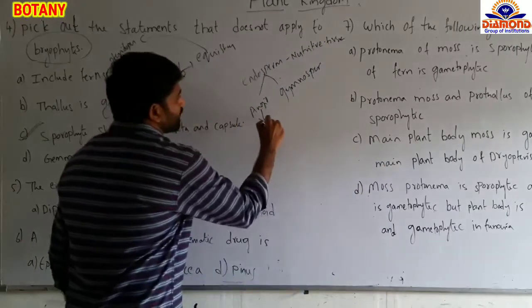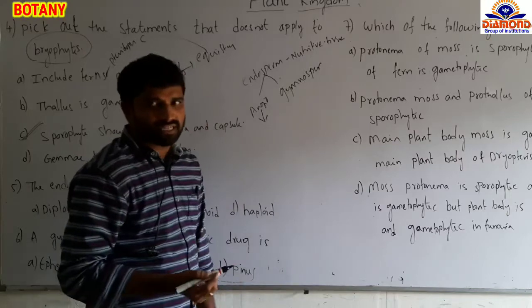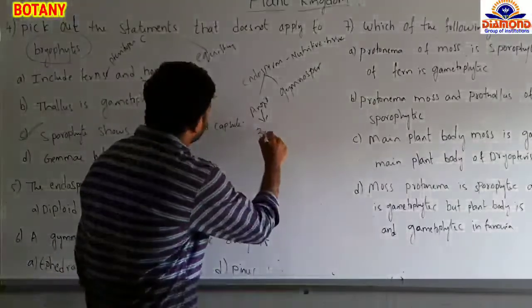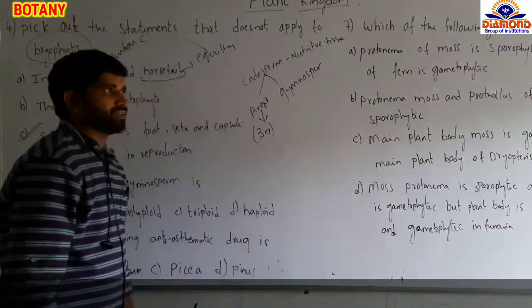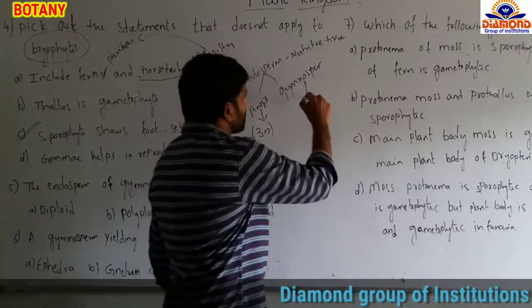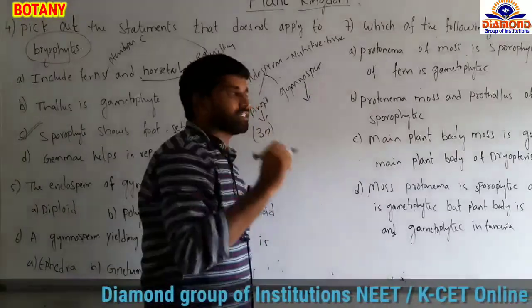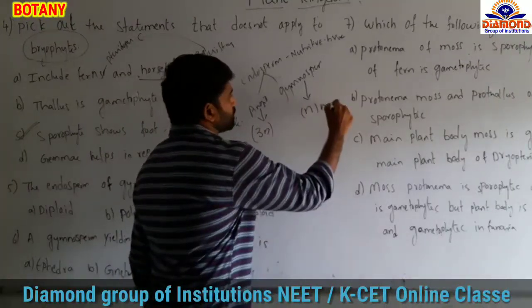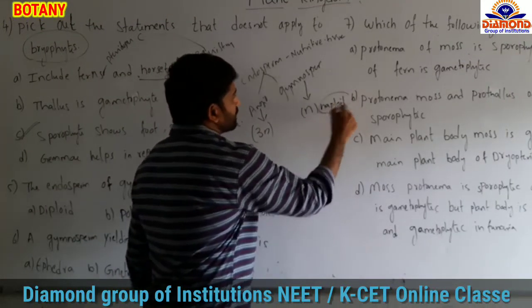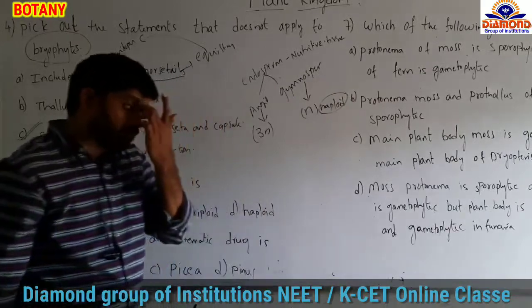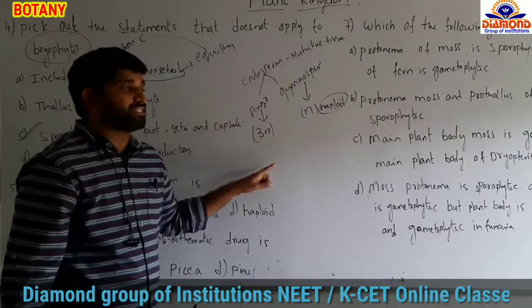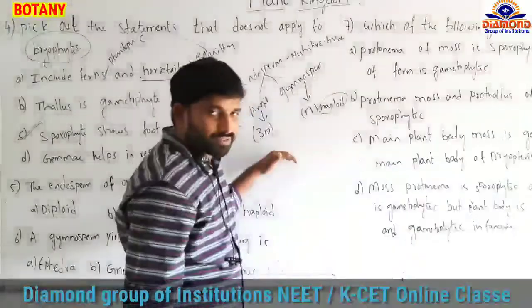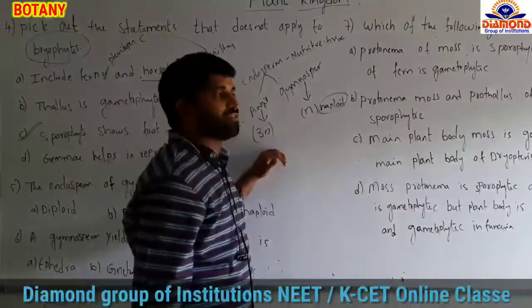In angiosperms, endosperm is formed after fertilization, so it is triploid. In gymnosperms, endosperm is formed before fertilization, so it is haploid. So haploid nutritive tissue is seen in gymnosperms.